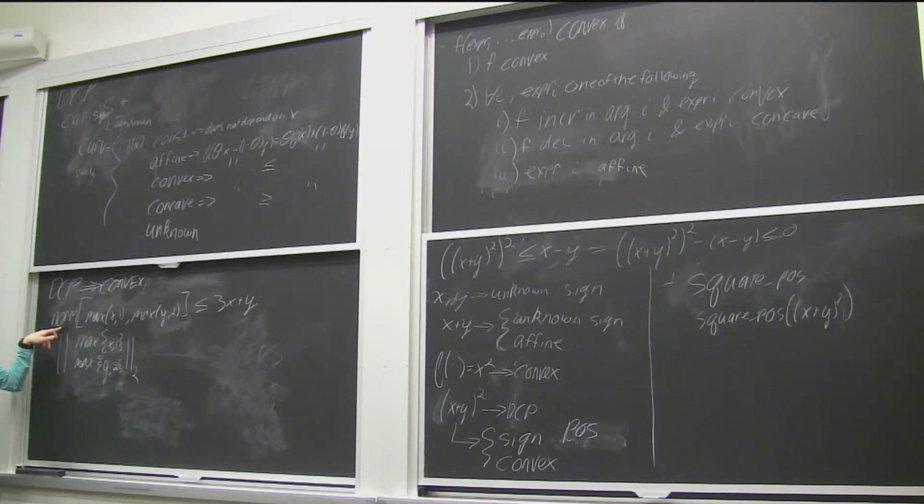Can anyone tell me why this left-hand side is even a convex function? From just general composition rules. Go ahead. So the answer was I'm plugging a norm into another norm, and they're sort of obviously non-decreasing.